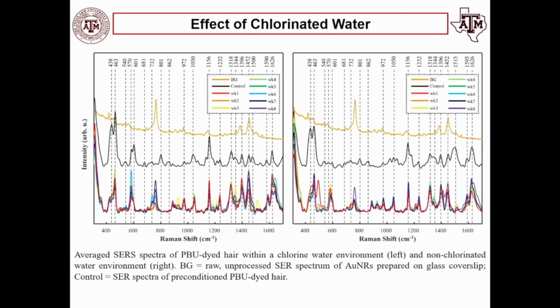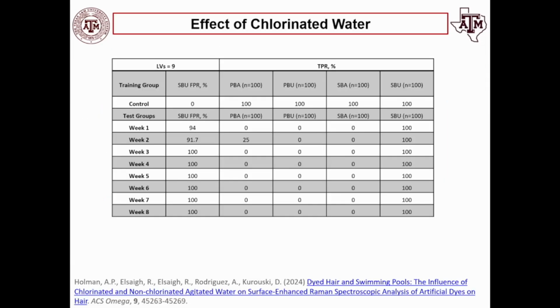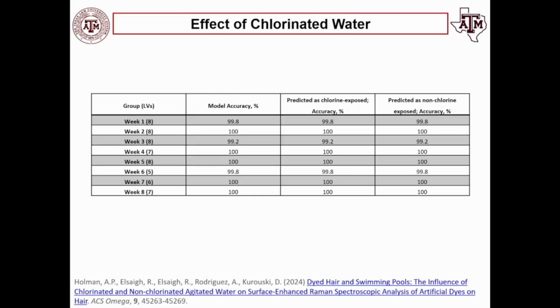And this actually happened for 3 other colorants. And what we can say is, if this happens, we can predict the spectroscopic signature and the duration of the exposure of hair to water only for this dye. And for other dyes, unfortunately, it cannot be predicted.